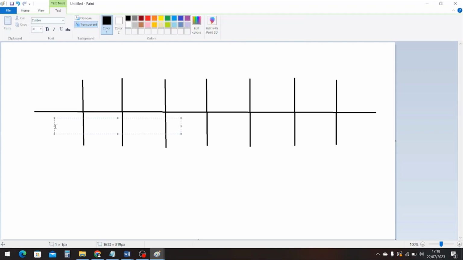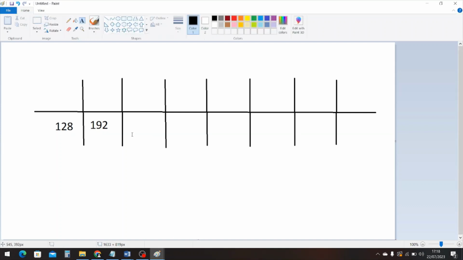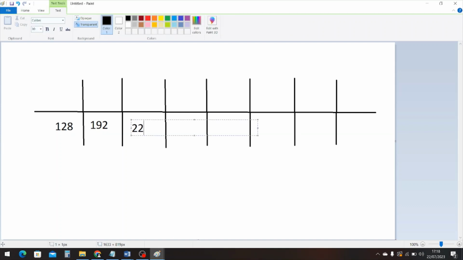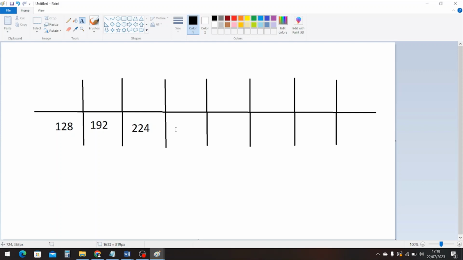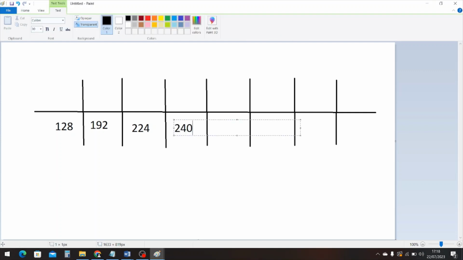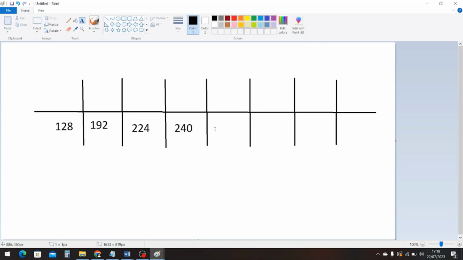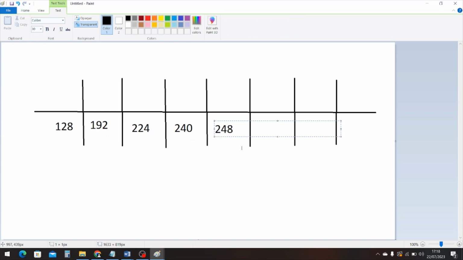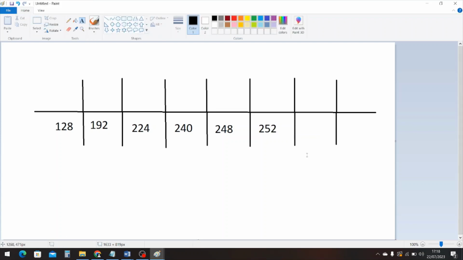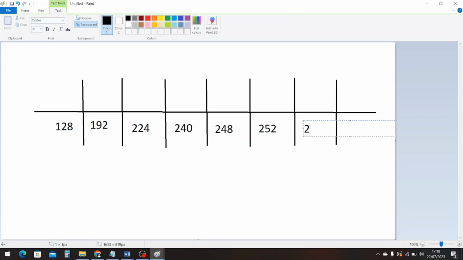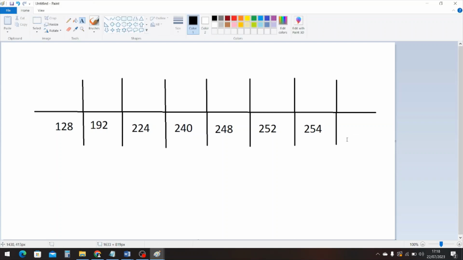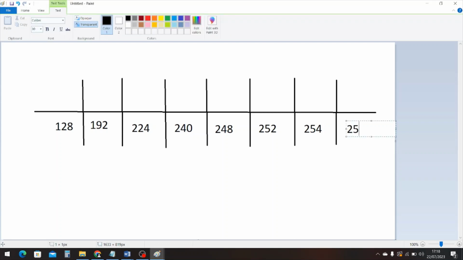So it says 128, 192, 224, 240, 248, 252, 254, 255.